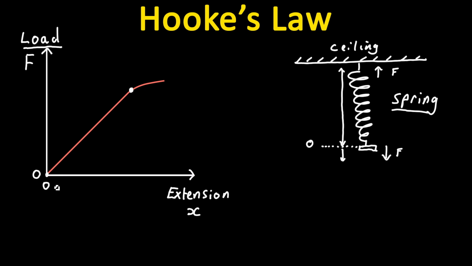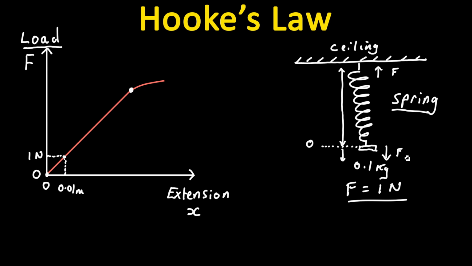So if we add a 0.1 kilogram mass, the force on the spring would roughly be 1 Newton. So we can mark this on our graph here, 1 Newton. And we find that our spring extends down by, say, 0.01 meters.